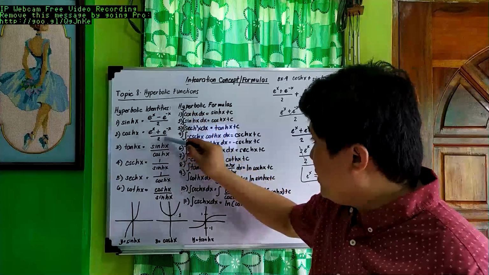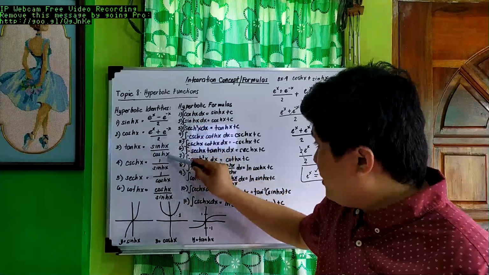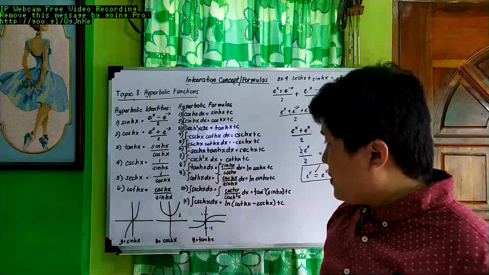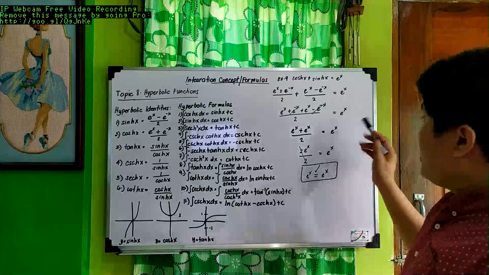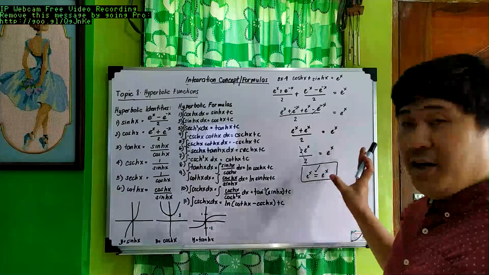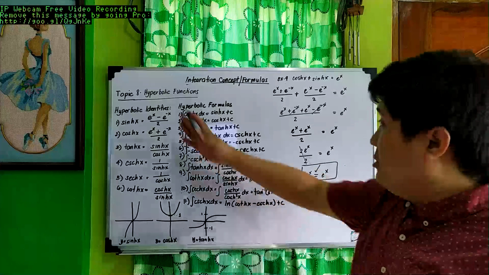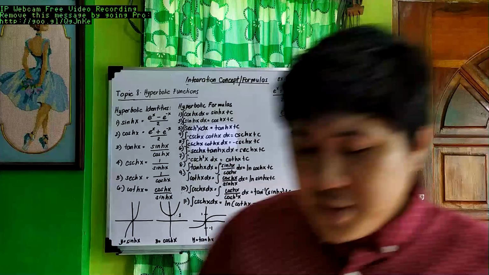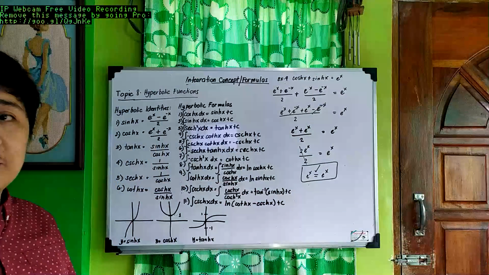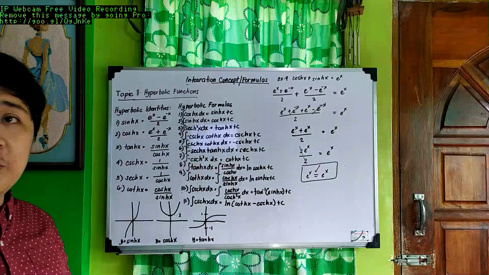This one, and here you have this one, and this one is the rule of trigonometry. So I think that this gives you an advantage if you know the equivalent exponential form. So let's try more examples.